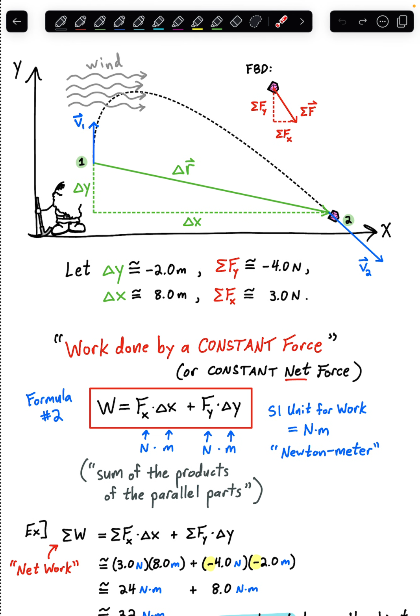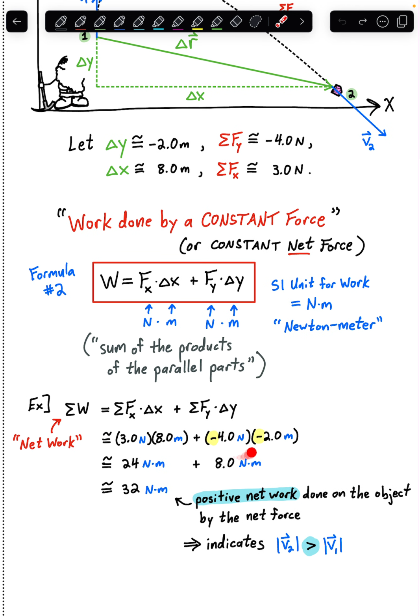Our drag force pushing to the right, while the object also moved to the right. Drag force was pushing in the direction the object traveled. In the y direction, the y component of the net force was pushing down, and the displacement was also down. So this negative Fy and also a negative delta y, multiplying them together, we get a positive value.